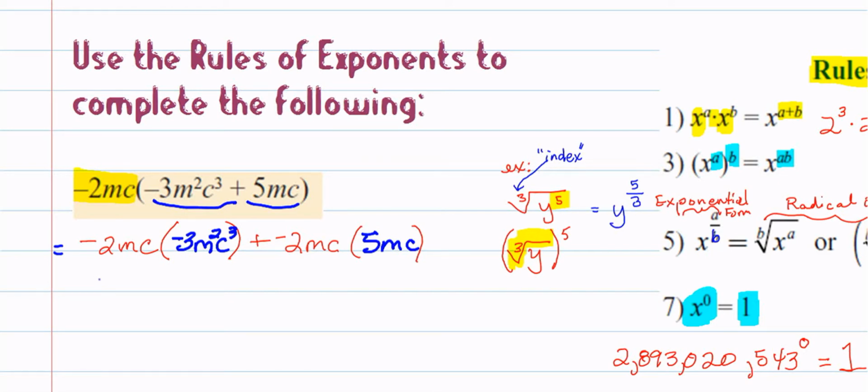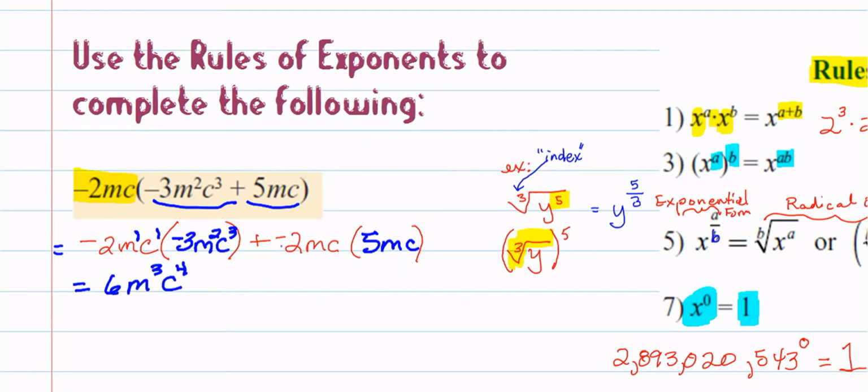Let's do these terms one at a time. We'll have negative 2 times negative 3 is positive 6. Okay, we have m to the first power and m to the second power. Straight across, the bases match. You'll add the exponents. So we'll have 1 plus 2, 3. Then we have c to the first power, c to the third power, which becomes c to the fourth power. Okay, in the second term, negative 2mc is going to be multiplied times 5mc.